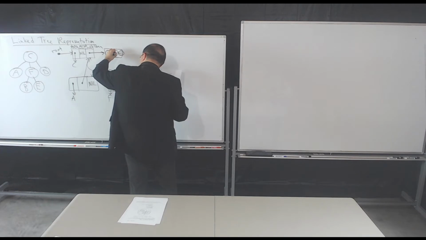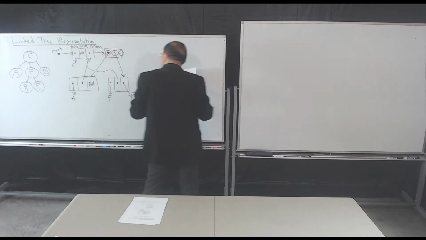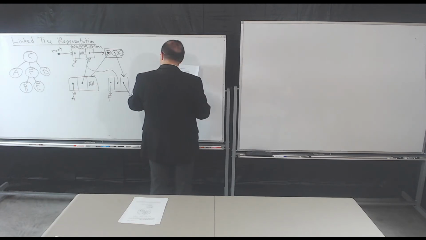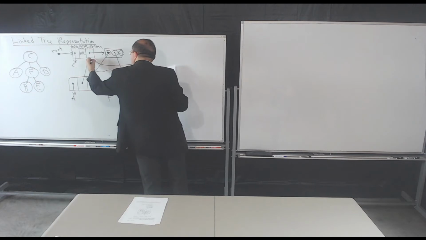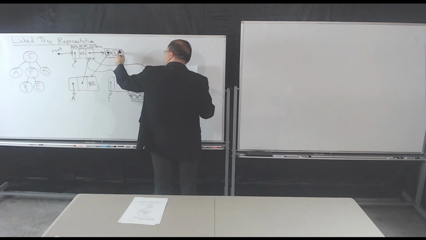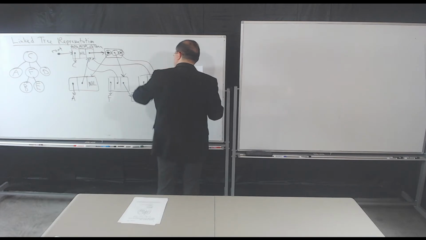This one, of course, points at F. And then lastly, we have D. D's parent is the root. And it has no children. However, remember, this requires a reference because it's a child of C, to that node.